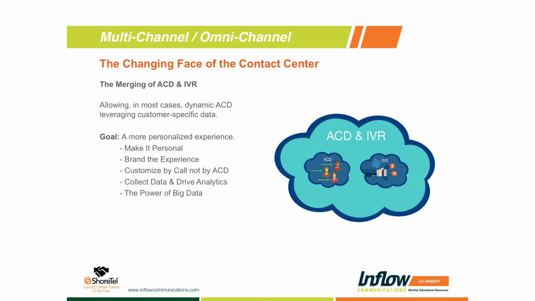One of the things that I've always understood and appreciated about the accessibility of data is that I can turn the contact center into a very personal experience, both from the customer point of view, but I can also use that data integration for managing the business as well. Now, what I always say with data, if you have access to it in the ACD, make it personal. You're really talking about branding the experience to the individual that's calling.